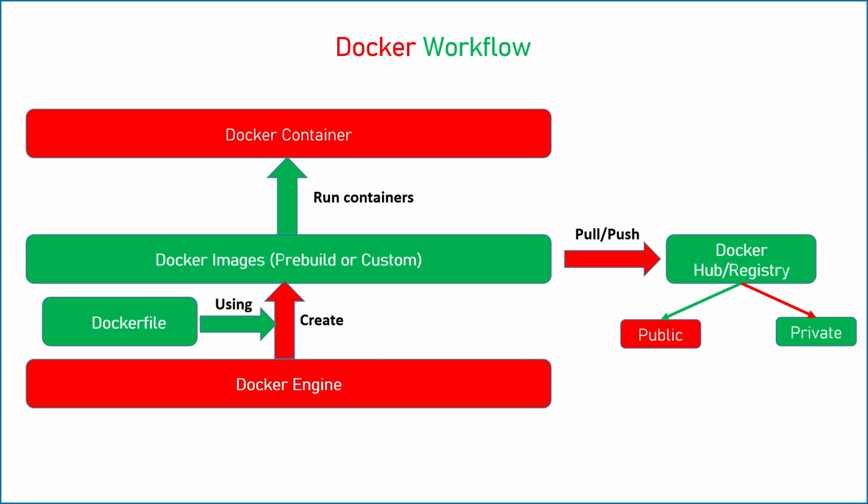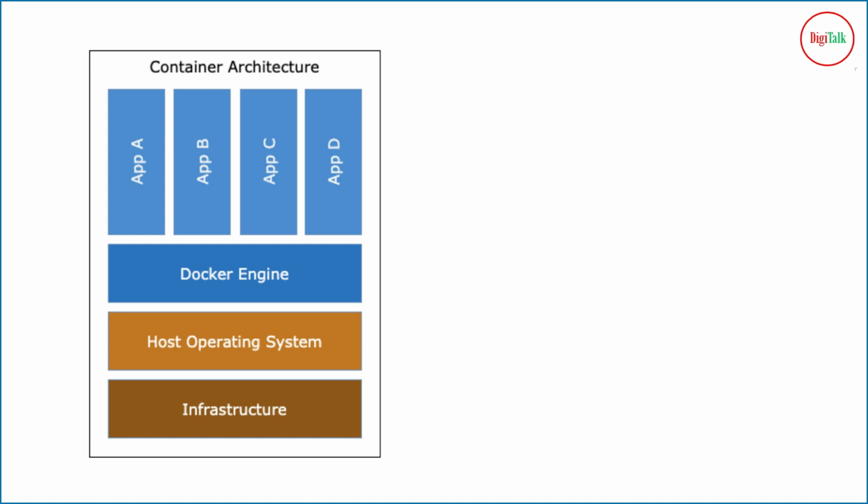It could be a public Docker registry maintained by third-party organizations, or you can create your own registries for maintaining your own images. So this is the workflow of Docker, and the major components we saw here are the Docker engine, Dockerfile, Docker images, which are pre-built and custom, Docker container, and Docker registries, which could be public or private. These are the basic components of Docker.